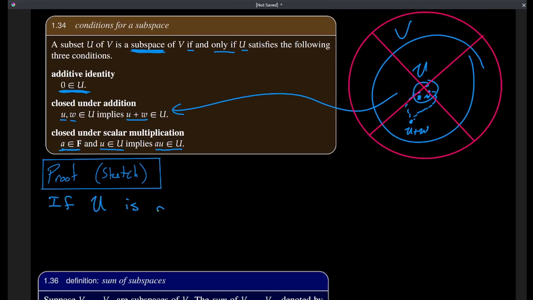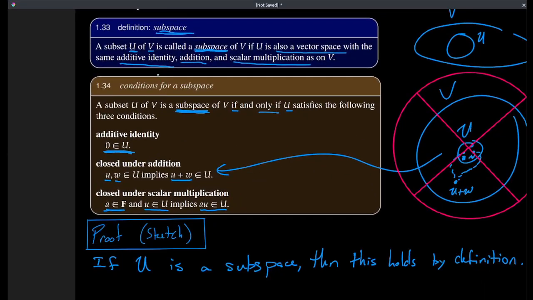If U is a subspace, then this holds by definition. That is, if U is a subspace, then the existence of an additive identity is implied by the definition of a subspace.